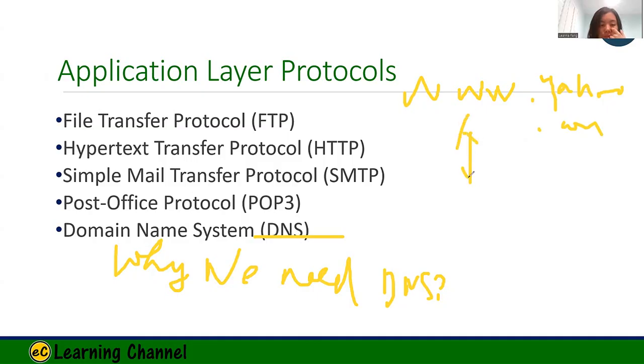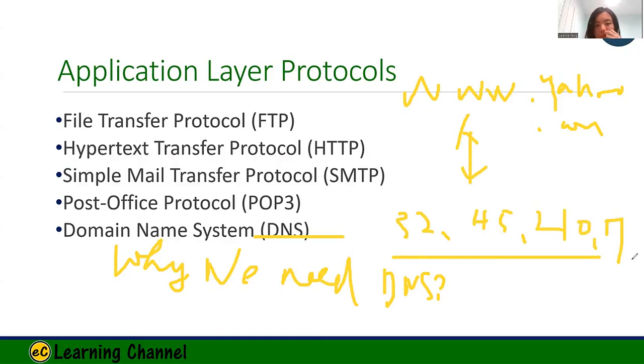This translates to 32.45.2110.7. A set of 4 numbers is called an IP address. So DNS finds the IP address for you.